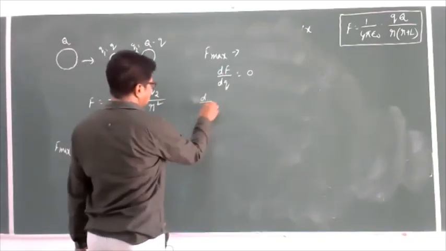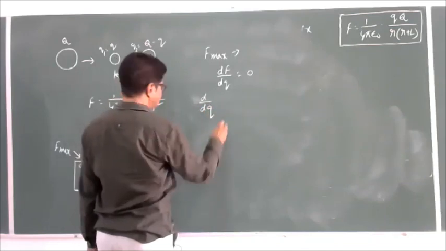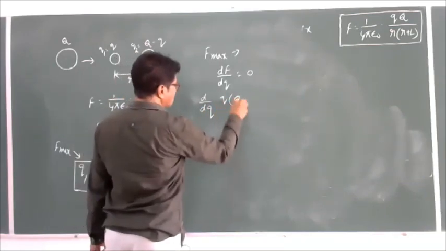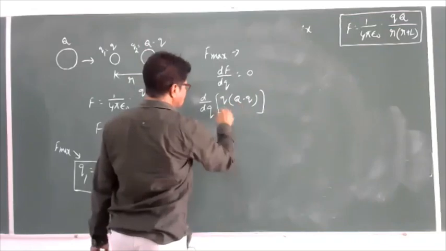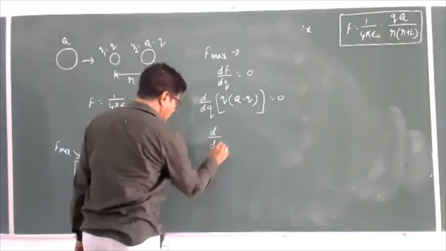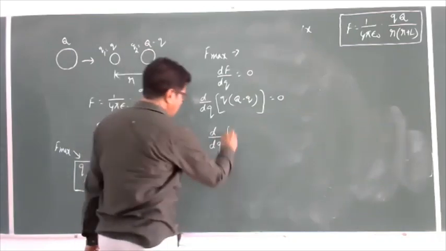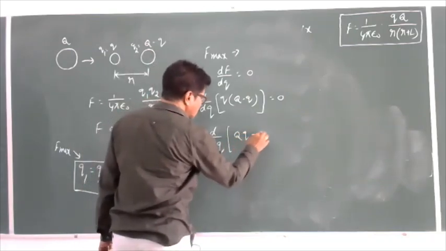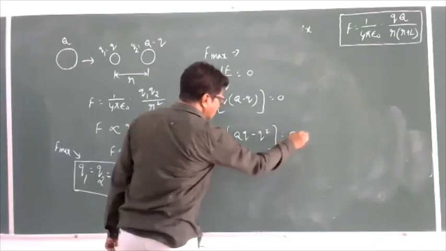That is nothing but d by dq of q into (Q minus q) is equal to 0. I hope you are very familiar with the differentiation. d by dq of (Qq minus q square) is equal to 0.